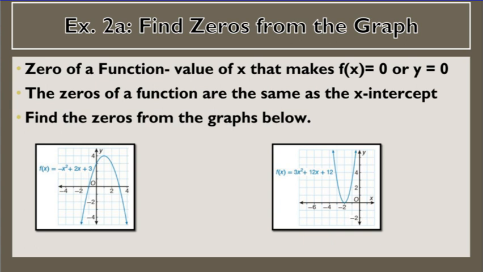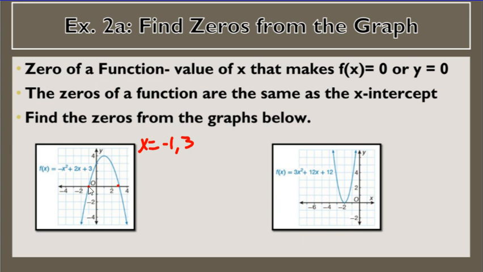All I'm looking for is where it crosses the x-axis. In this case, there are 2 of them. There are a couple ways of doing this. You can look at the graph and determine if it's exact, and these are. So we could say the zeros: x can equal -1, and over here x equals +3.